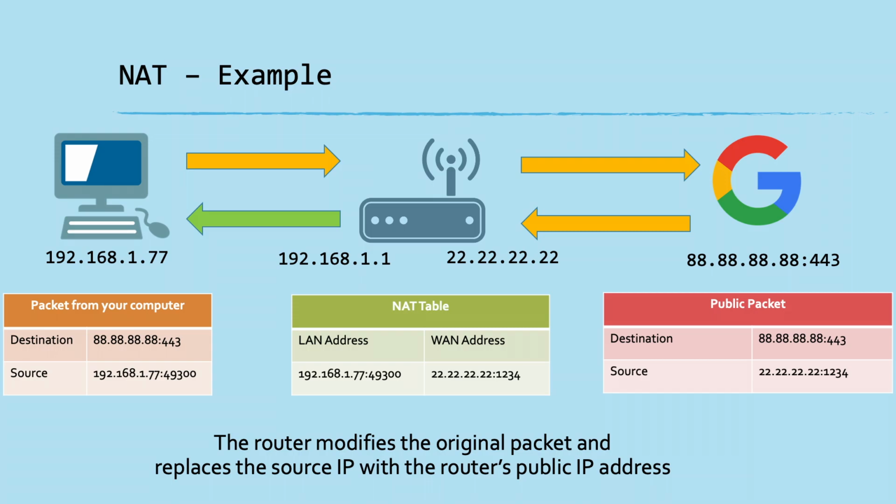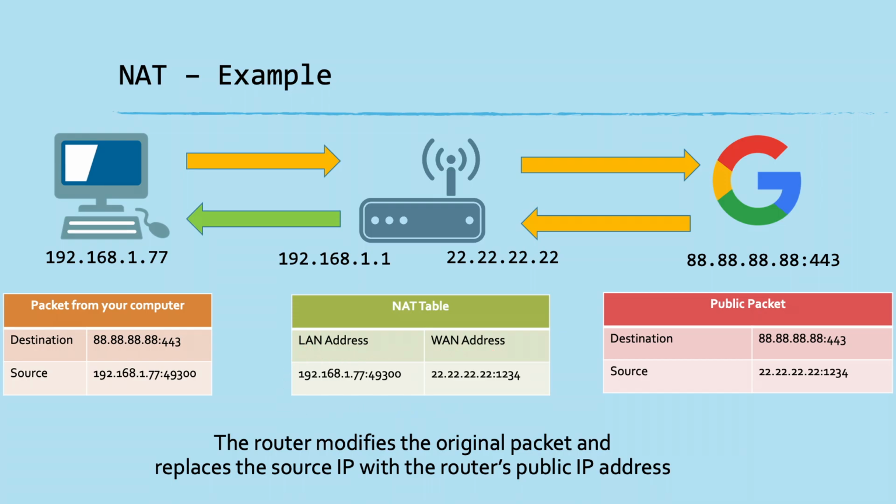After we create this, the packet is forwarded to the router. Now the local area network address, remember, we are on .77. What the router does is it's going to say, okay, I'm going to make an entry in the NAT table. So I'm going to map your port and your IP address to a random port I'm going to open up on my public IP address.